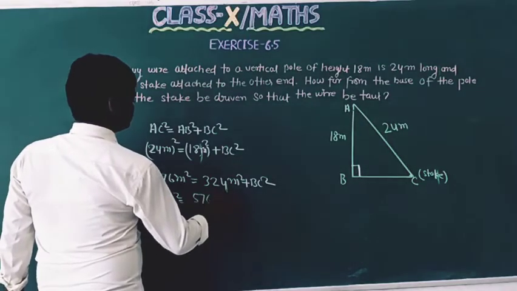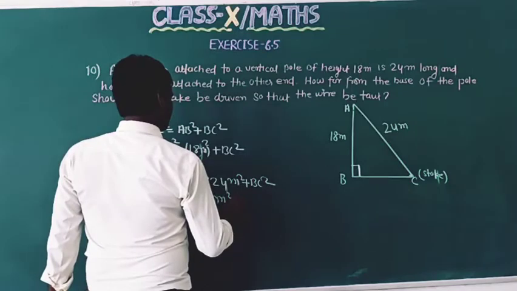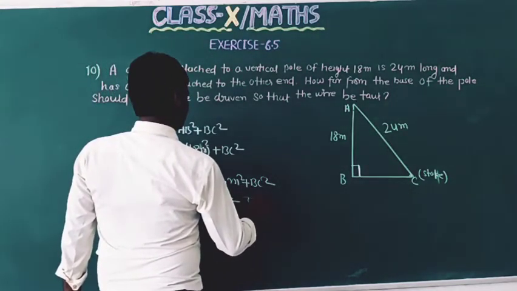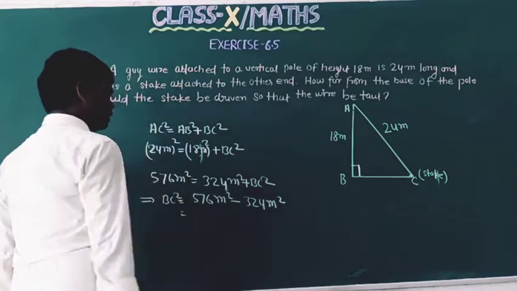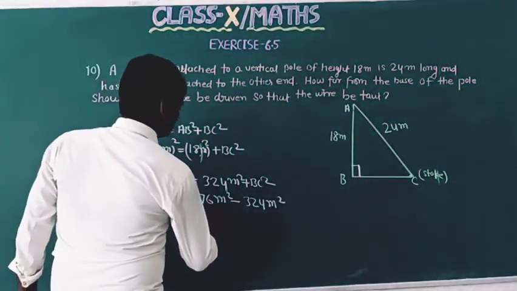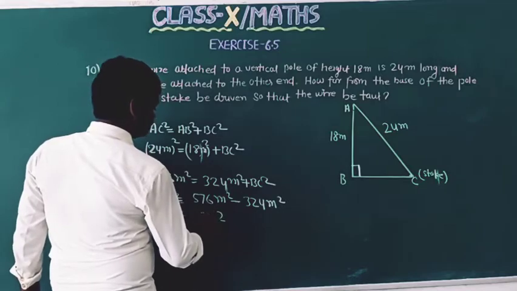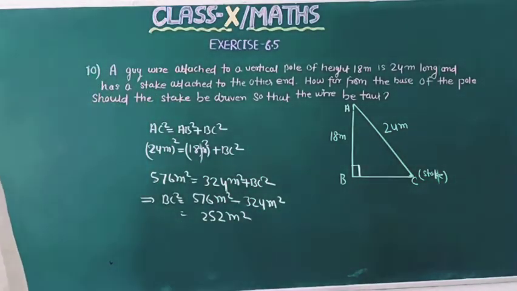This implies BC square equal to 576 meter square minus 324 meter square. Now subtract 324 from 576, so this is 252 meter square.